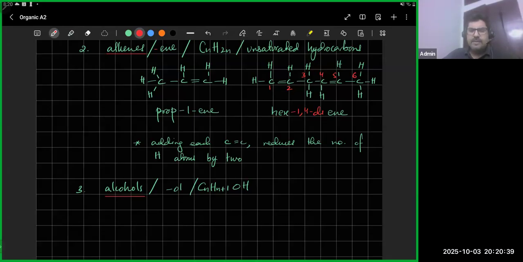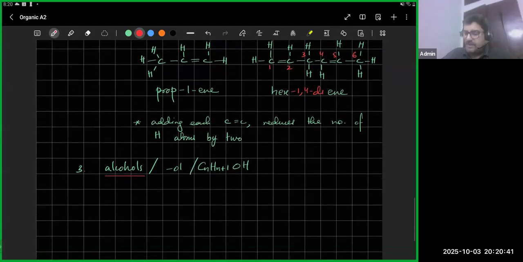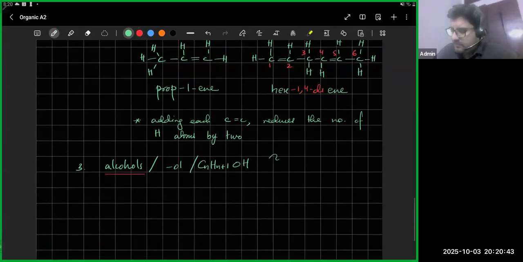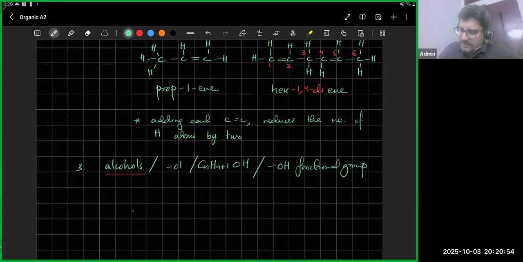The functional group is going to be the OH functional group, obviously. So let's do an example. I've got a molecule and it's got OH.